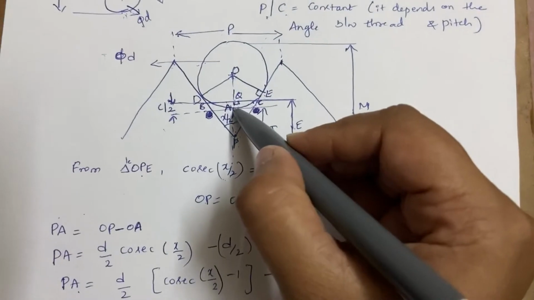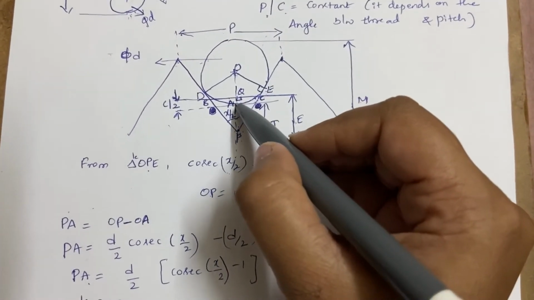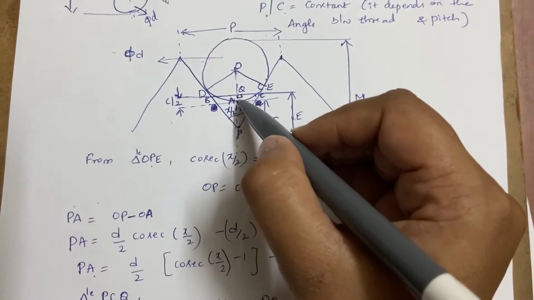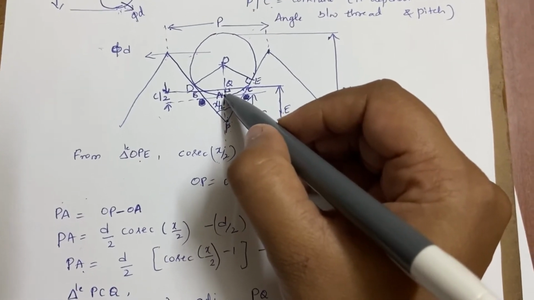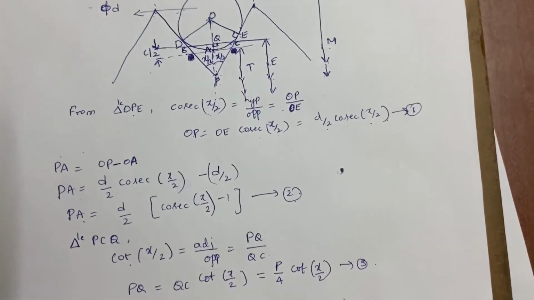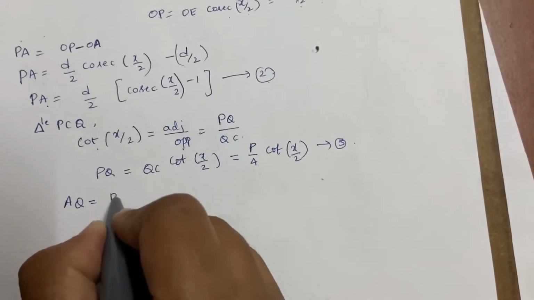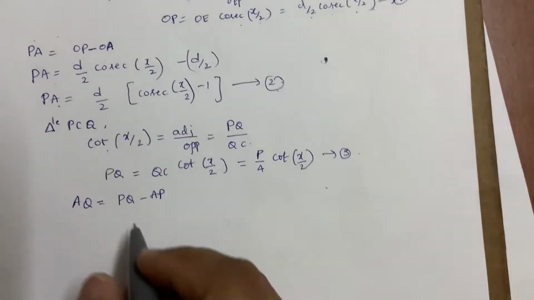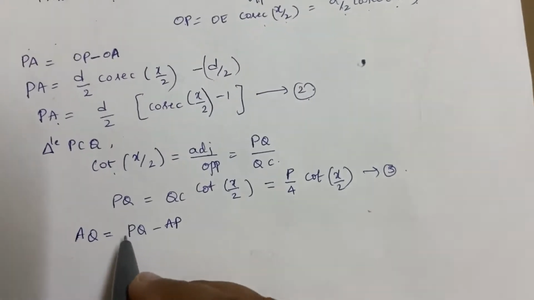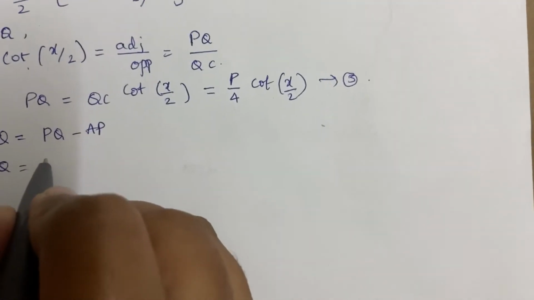Now we are interested in this dimension for the effective diameter. This is T plus C, and this is half of C. So I am interested in finding AQ. AQ will be equal to PQ minus AP, or PA. PQ we have already found.